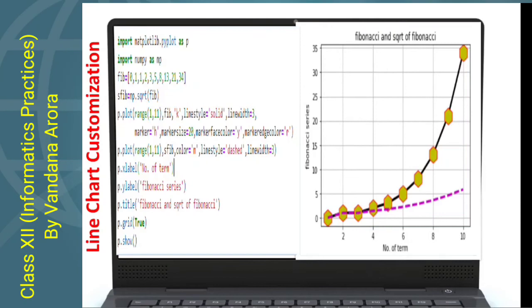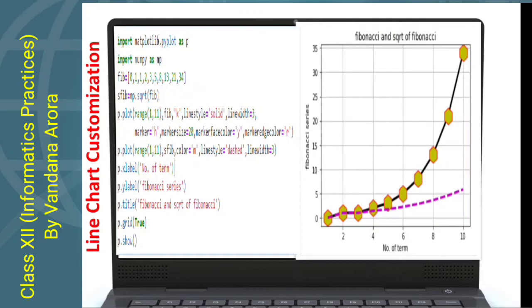You can see in this example I am drawing the chart of the first 10 terms of the Fibonacci series and the square root of the first 10 terms of the series. Two line charts I am plotting here. You can see the code. fib variable is for the Fibonacci series and sfib for the square root of the Fibonacci series.